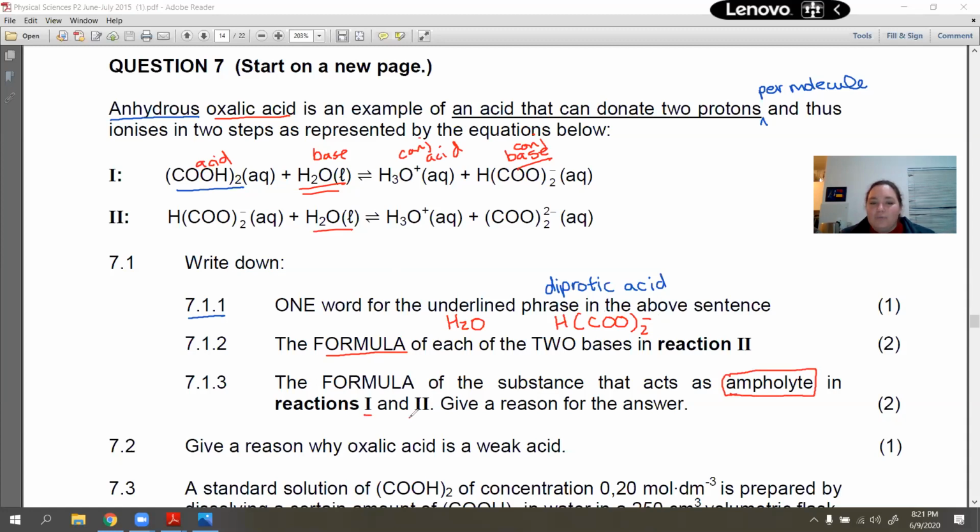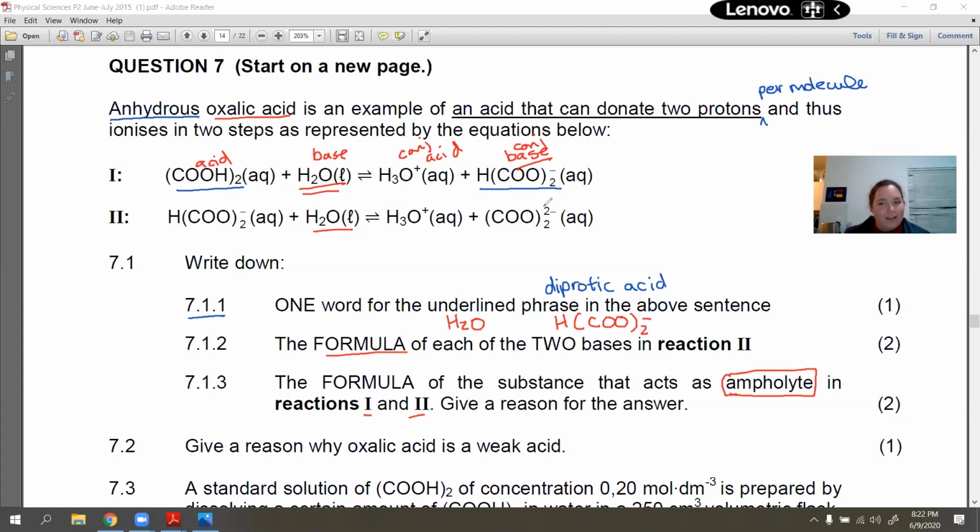Then it says, what is the formula of the substance that acts as an ampholyte in reactions 1 and 2? Who can give me an answer for that, bearing in mind that I did almost the exact same thing with you recently? Any idea? Oh my goodness. Okay, so over here, that substance, it even gets tricky for me to name.